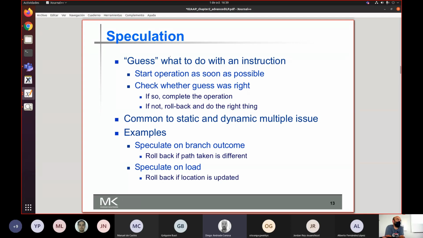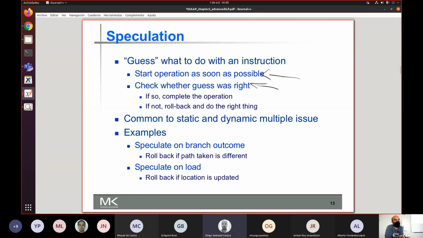And it's crucial for the processor for achieving good performance that sometimes the processor speculates. And when this happens, this means that you are going to start an instruction as soon as possible, okay? And abstractly, you have to check when the speculation is finished, after the event happens, if you were right or not.